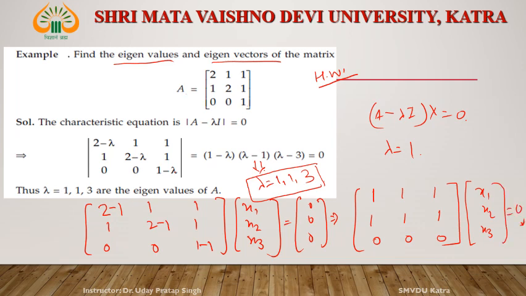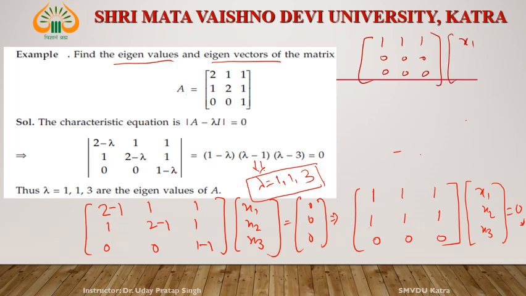Now R2 minus R1. After converting R2 minus R1, we get 1, 1, 1; 0, 0, 0; 0, 0, 0 multiplied by x1, x2, x3 equal to 0.